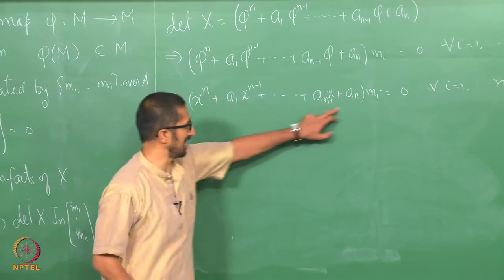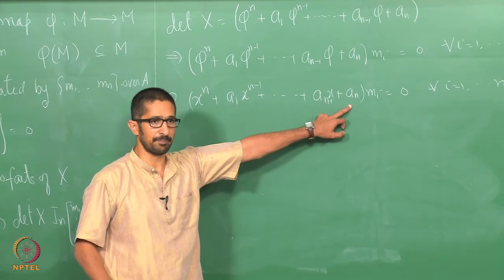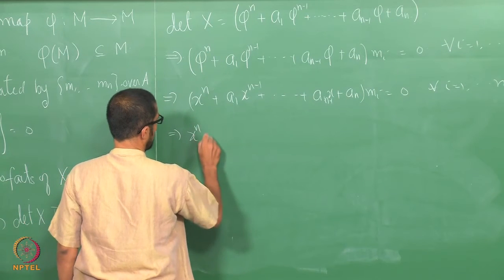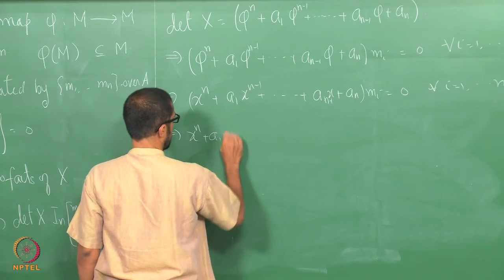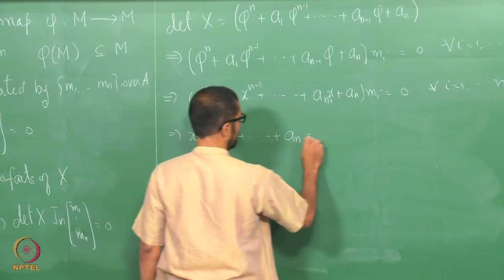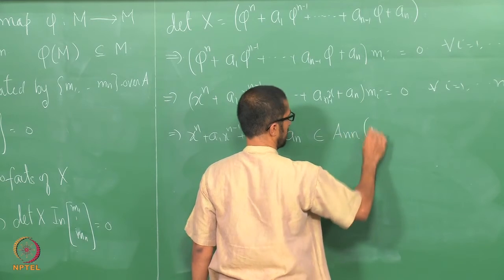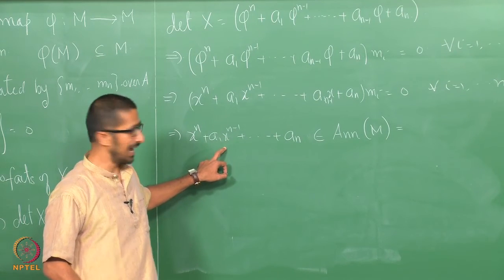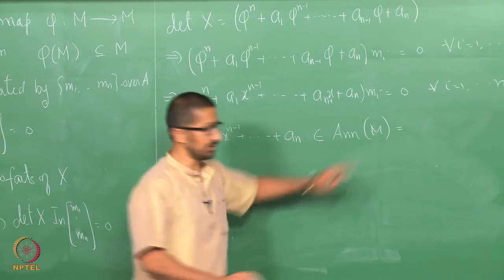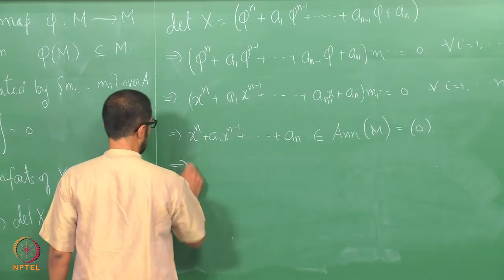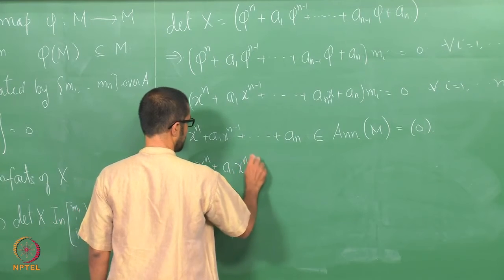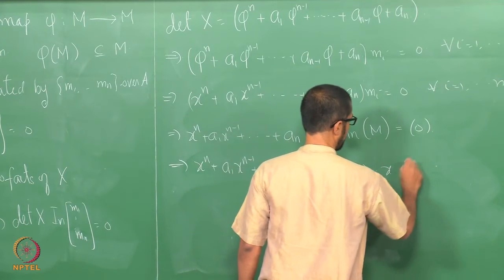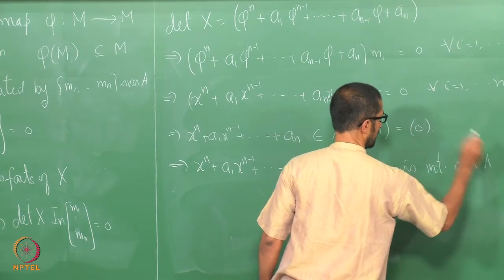Or in other words, this element is in the annihilator of M because it annihilates all the mi's. Since this is an element in A[x] and M is a faithful A[x] module, this is 0. That implies that x is integral over A.